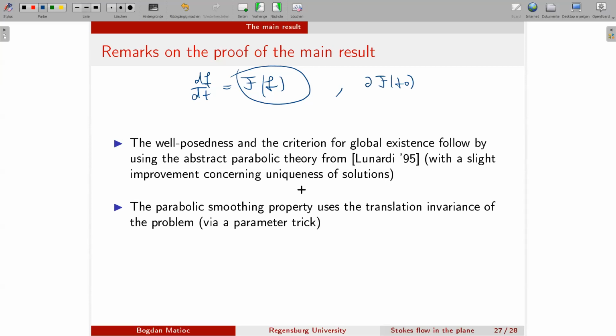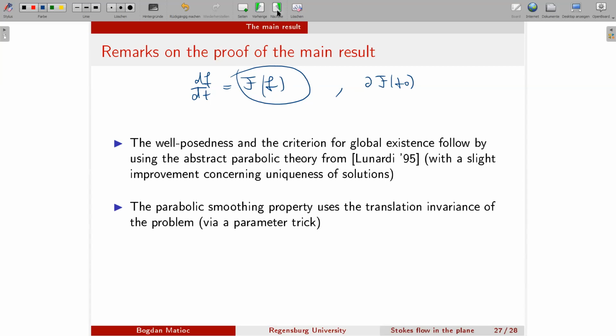We have a slight improvement concerning uniqueness of solutions compared to the result in her book. And finally, the parabolic smoothing property uses the usual translation invariance of the problem with respect to the horizontal translation via a well-known parameter trick.